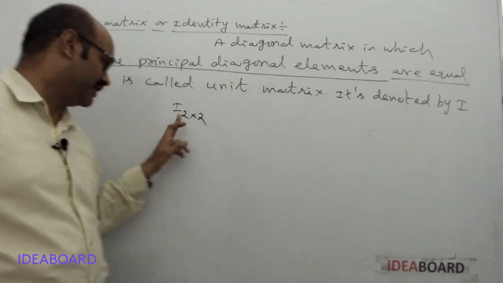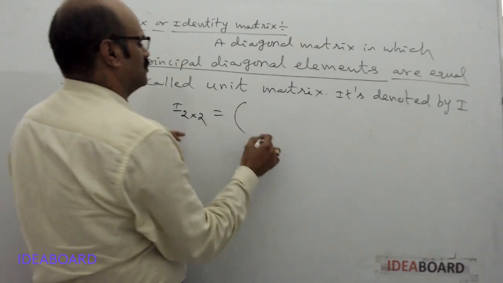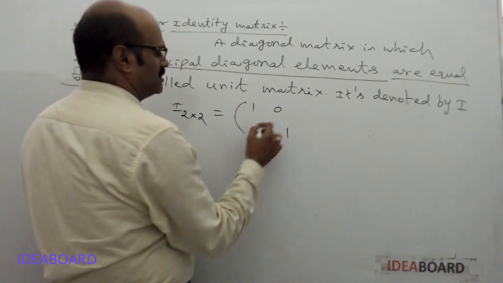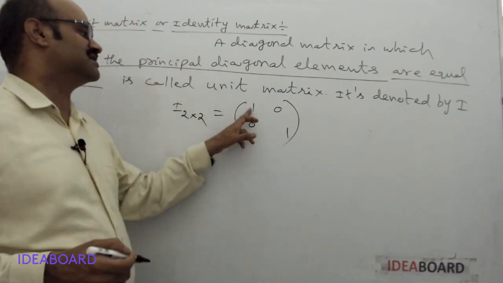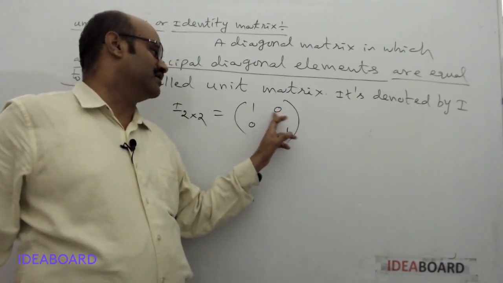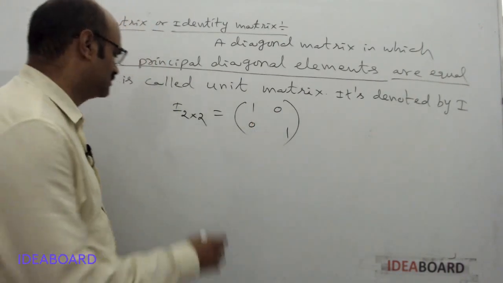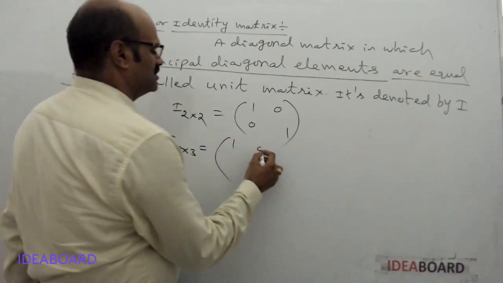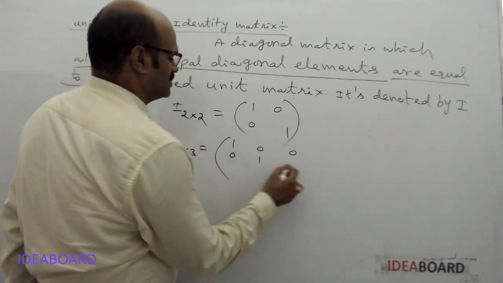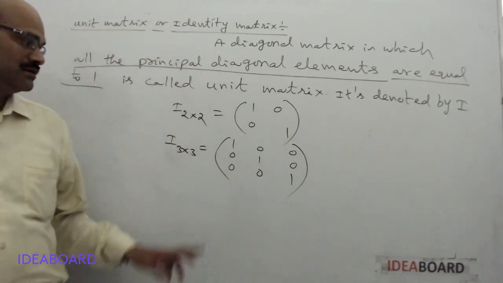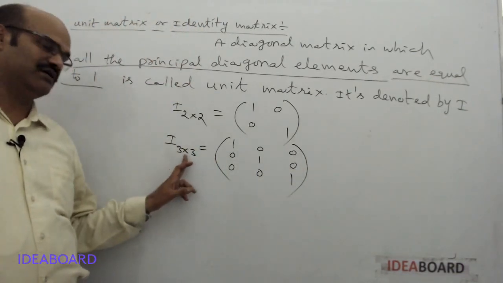So here I 2 cross 2 equal to 1, 0, 0, 1. Here principal diagonal elements are equal to 1 and non-diagonal elements are equal to 0. Similarly, I 3 cross 3 equal to 1, 0, 0, 0, 1, 0, 0, 0, 1. This is the identity matrix of order 3.